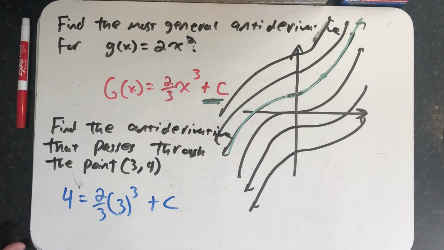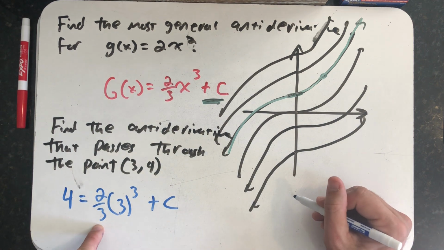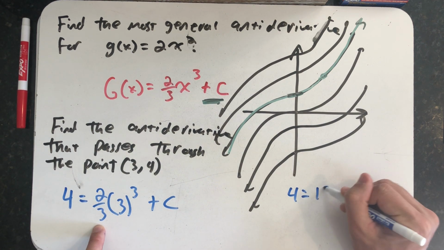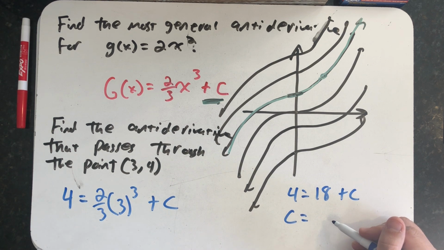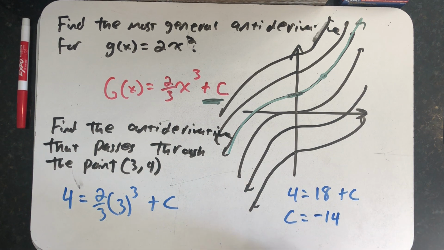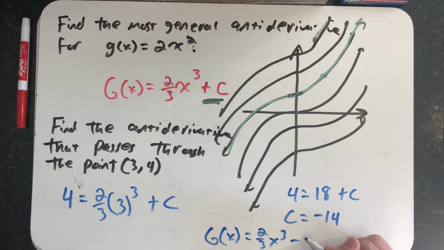I can use this information to find c. 3 to the third is 27, divided by 3 is 9, and 2 and 9 multiply together to give me 18. c is equal to minus 14 when I solve that, and that lets me write down this specific antiderivative that behaves in the way I was asked for.